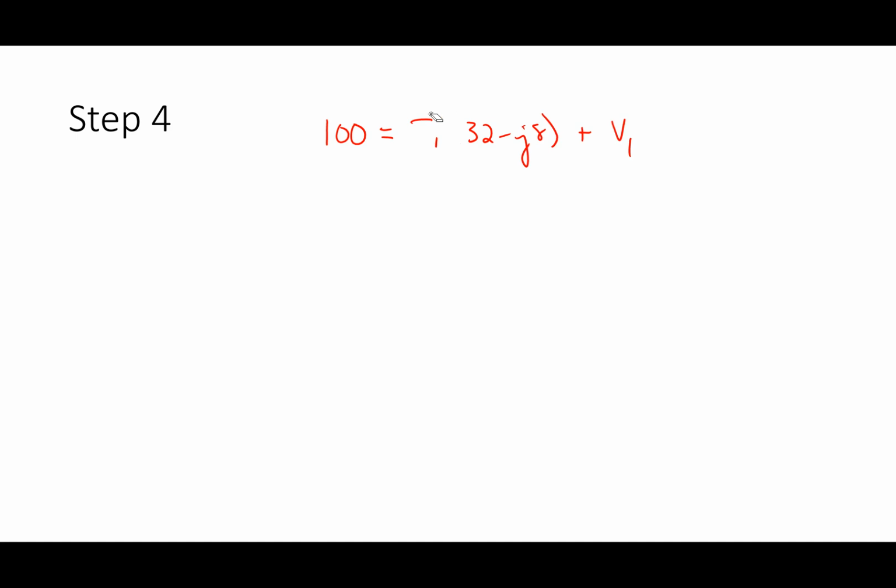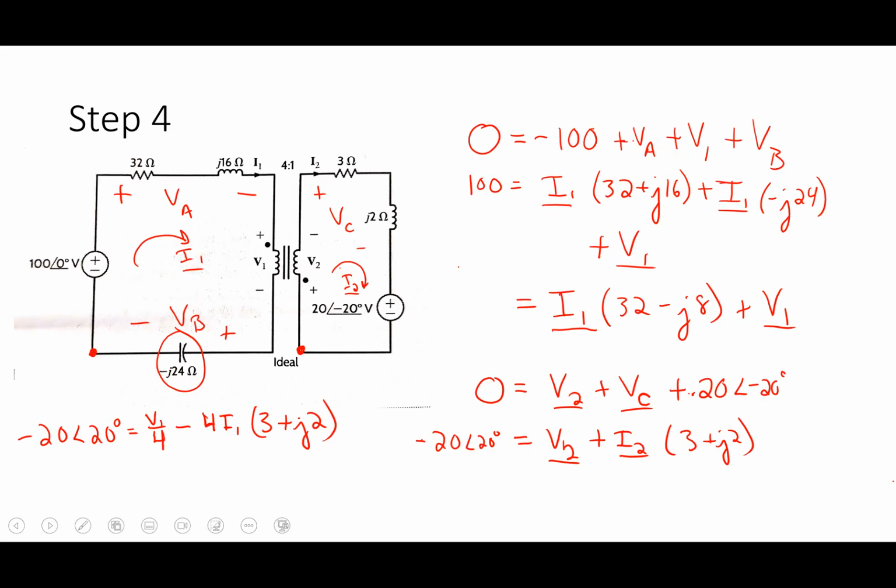In fact, I'm going to write that a little bit differently: V1 plus I1 times 32 minus J8, which is what we had over here.